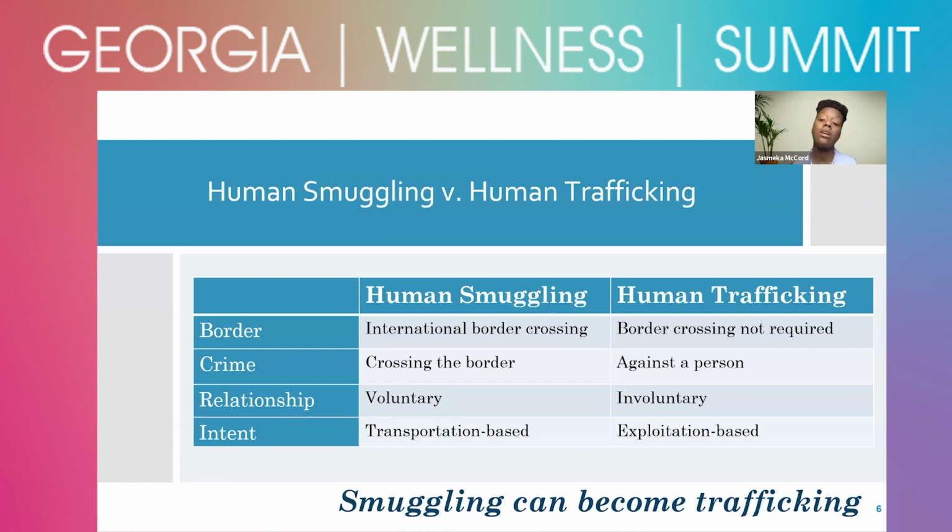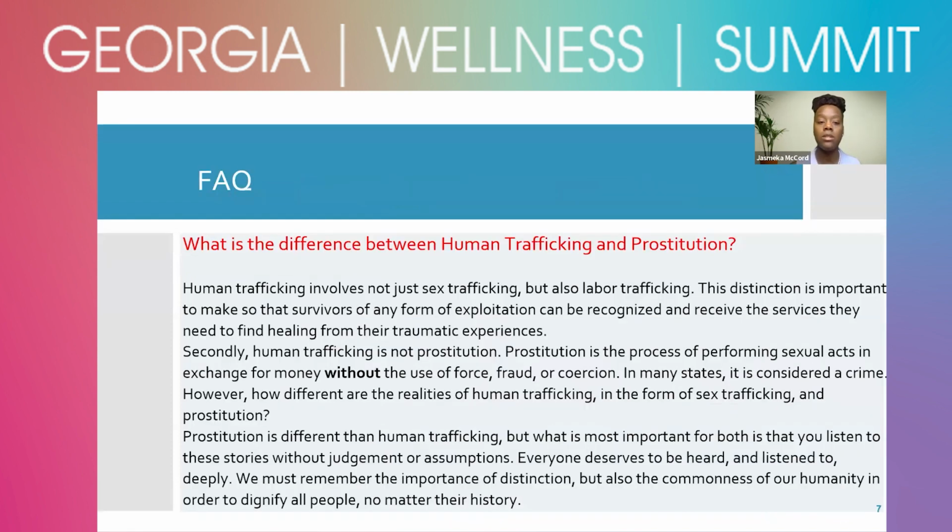In human trafficking, the crime is against the person, who is taken under coercion. Human smuggling is voluntary, whereas human trafficking is involuntary, and the intent in smuggling is to transport a person. In human trafficking, however, it's all about exploitation. Someone is trying to get something from that person. Human smuggling often becomes human trafficking, but the two things are different.